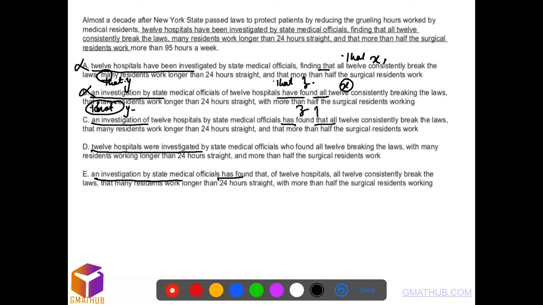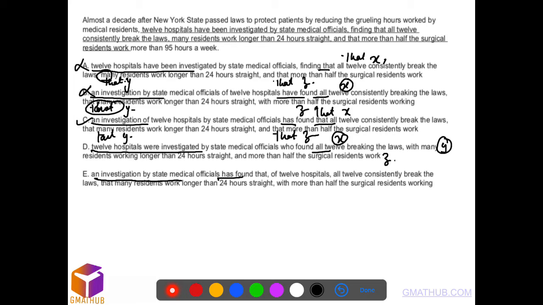Found that X, that Y, that Z is fine as of now. X without that, Y without that, and Z without that.